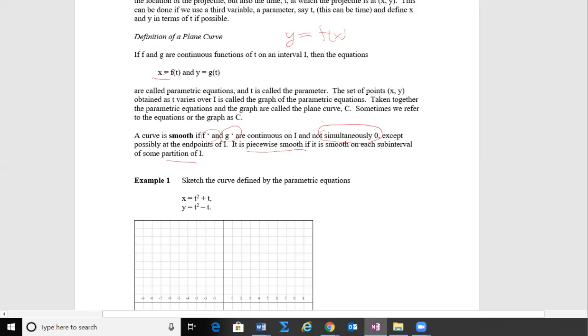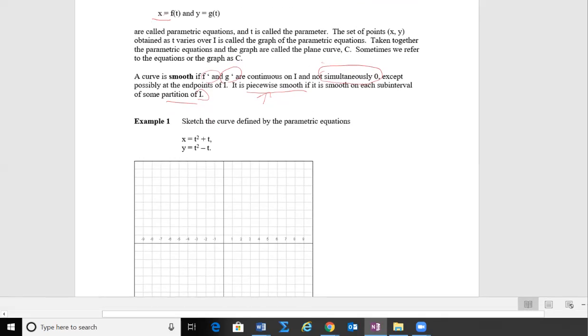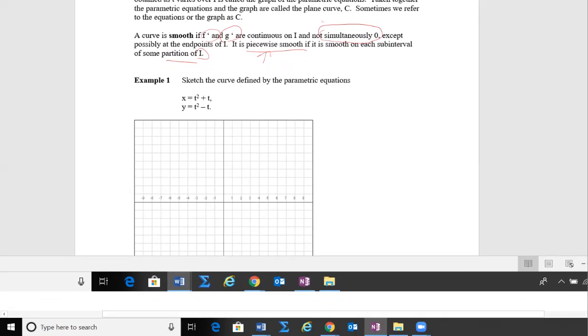That becomes important in certain problems. We'll see later on, we'll have to pay attention to that. There are always ways to get around it if we need to, but we have to sometimes be careful with that when we get into the calculus portion.